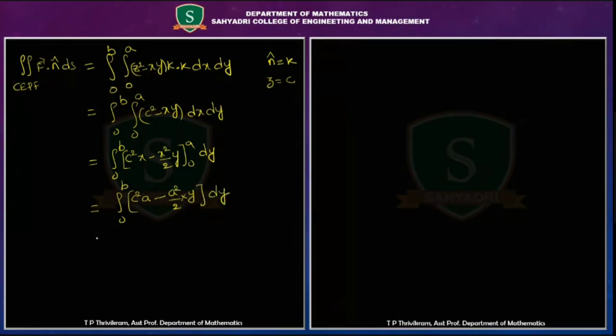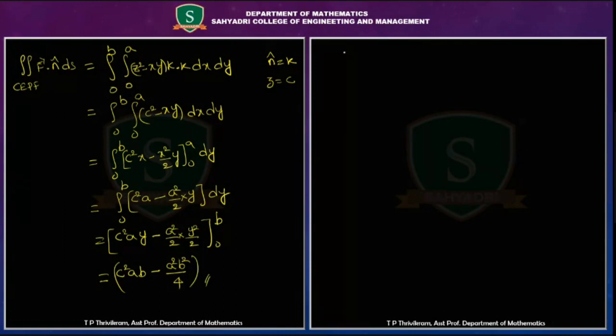Now again apply integration with respect to y. So c square a integration 1 dy is y minus here a square by 2 into y square by 2, having the limits 0 to b. So if you apply these limits, how much you'll get? C square a b minus a square b square by 2. Sorry, a square b square by 4.